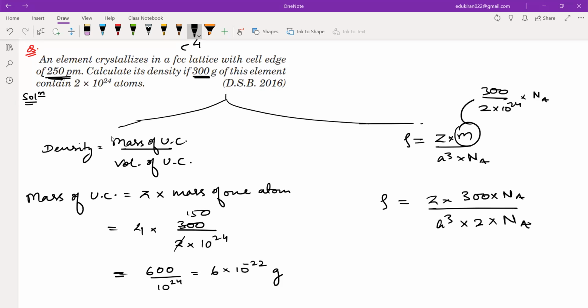So in the end this will come as your density. The Na will cancel from here, and then you are going to get 4 into, 10 to the power 24 will also be there, 300 divided by A cube into 2 into 10 to the power 24. So this is going to be the density in this case also. The calculation is going to be the same, there is no difference in the calculation. But there are two approaches on how you can start. At the end you are going to get the same thing only.